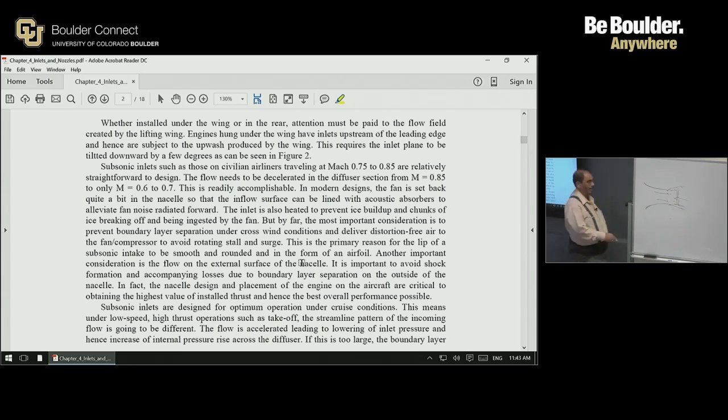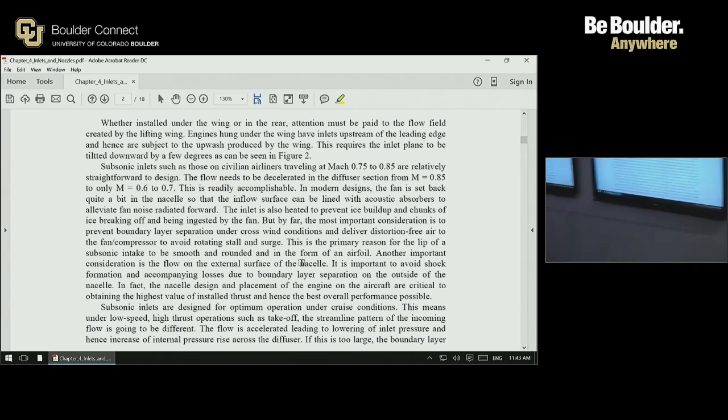But if there is a substantial crosswind across the runway, that once again can cause problems with the flow. Separation is a possibility. So that has to be taken into account.